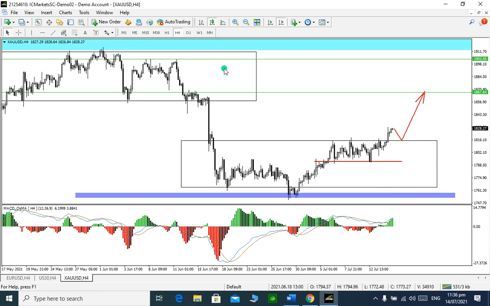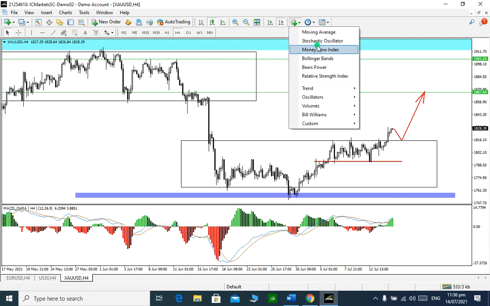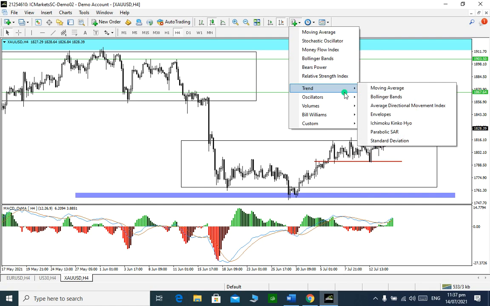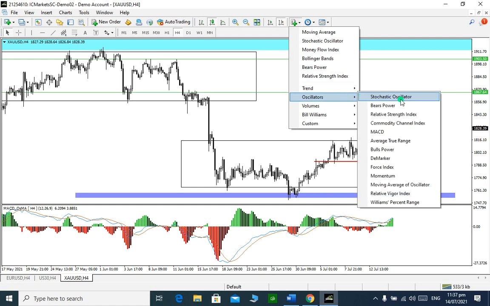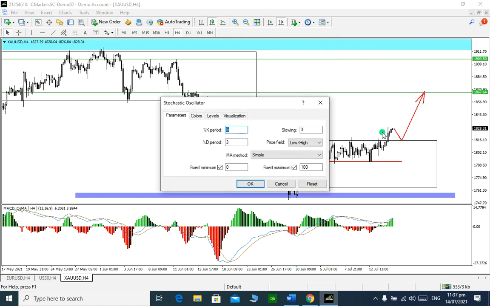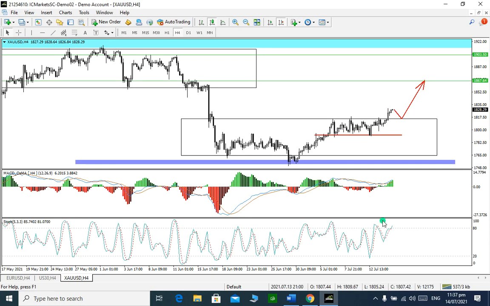Let's see what stochastic is telling us as well. We need factors of confluence to confirm what is happening in this market. Let's see the stochastic oscillator. You can see that the stochastic oscillator is telling us that this market is overbought. It is at the overbought region.